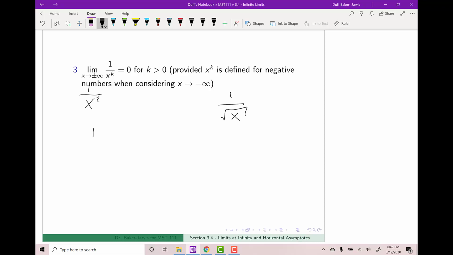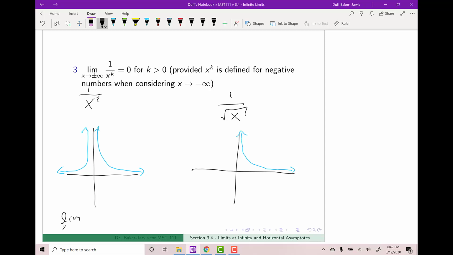Right, so in both cases, you'll see that the limit is 0. So the limit, say x goes to minus infinity of 1 over x squared, that's 0. And essentially the reasoning here is, as we plug larger and larger numbers into 1 over x squared, well, I'm taking 1 over a very large number, and so it's getting smaller and smaller and approaching 0.